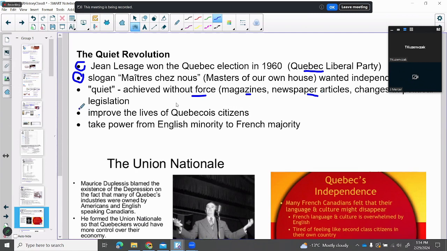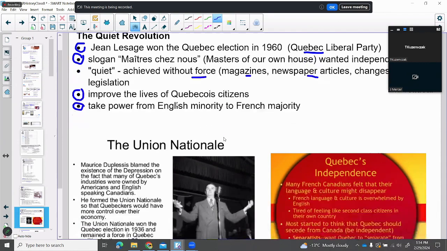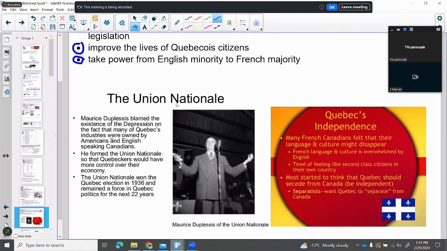What he wanted to do was improve the lives of Quebecois citizens, and he wanted to take power from the English minority to the French majority. You can see here a picture of Maurice Duplessis of the Union Nationale. He blamed the existence of the Depression on the fact that many of Quebec's industries were owned by Americans and English-speaking Canadians.